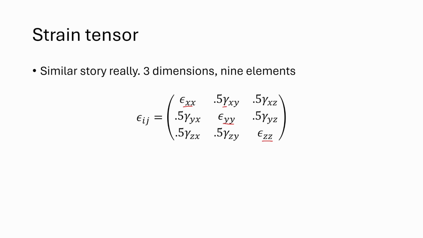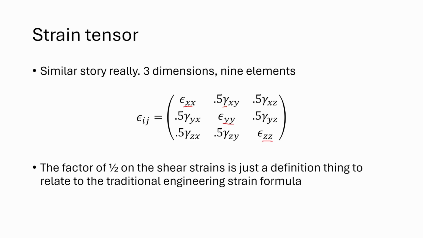And you might be noticing the 0.5 and like, what's the deal with that? There wasn't a 0.5 in the other matrix. That's true. This is more of a convention thing of making different ways of writing the equations line up with each other and be consistent.